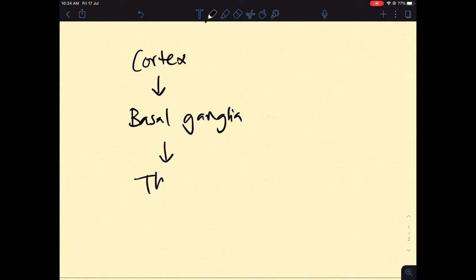So the cortex will input into the basal ganglia, and then the basal ganglia would talk to the thalamus, and then the thalamus will feed back into the cortex. So where in the basal ganglia do the cortical fibers input?